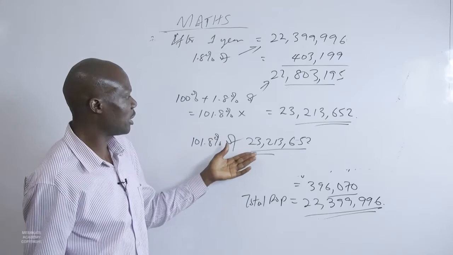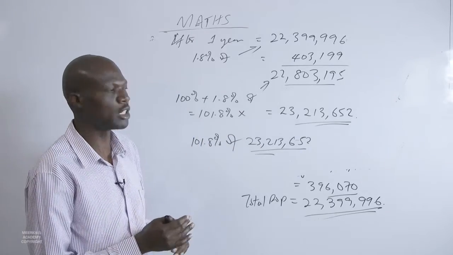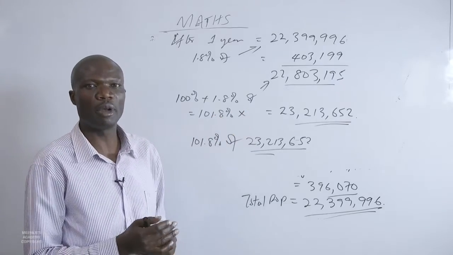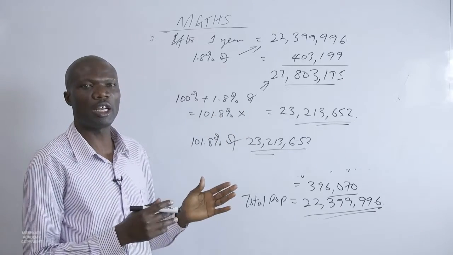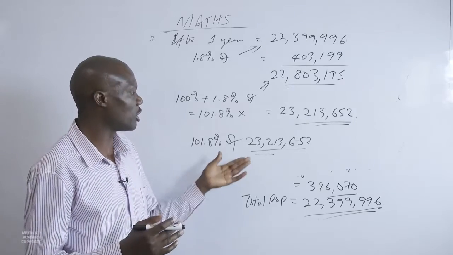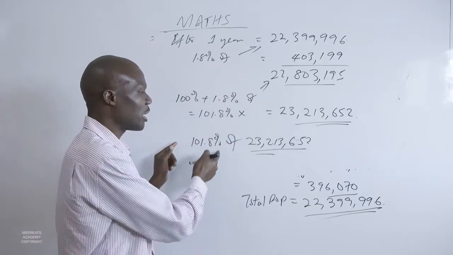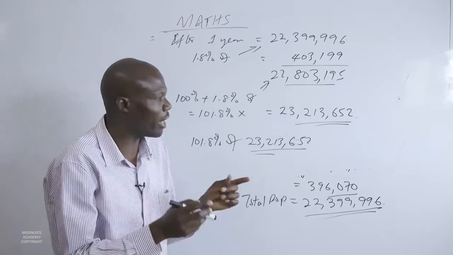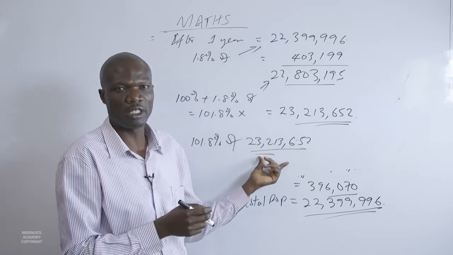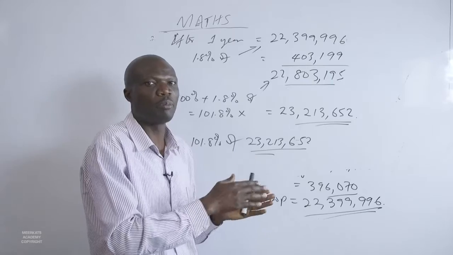So this is how we use percentage increase or percentage change to get the population of a country, or to calculate the rate at which the population is growing. It can be used to grow as far as possible, but the rate remains constant, while the basis or the figure that you base on is the previous year.